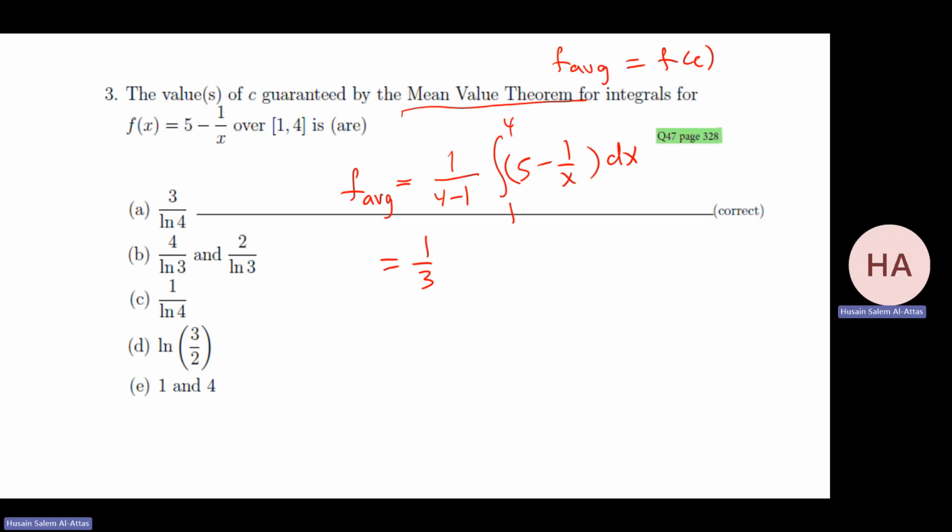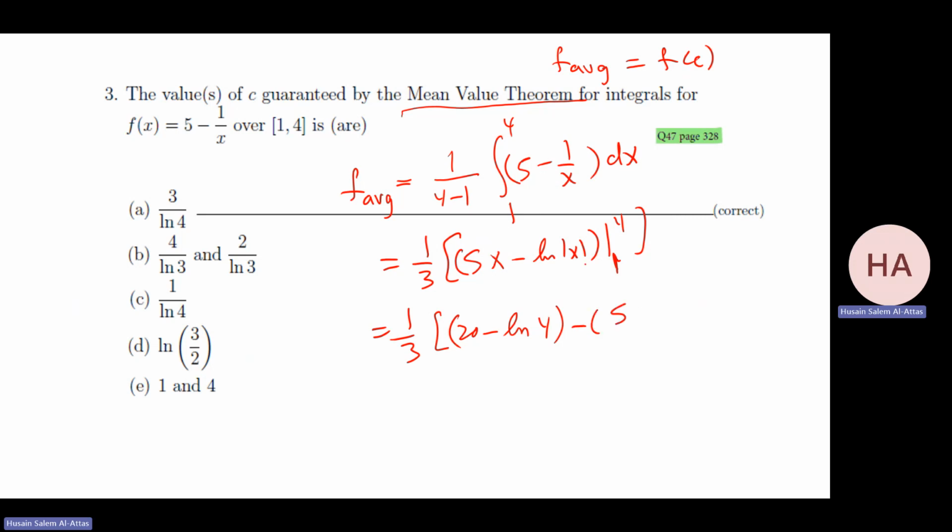Don't forget, that will be 5x minus ln absolute value of x from 1 to 4. Be careful with the calculation. That will be 1 over 3 times what? This is 20 minus ln 4 minus 5 ln 1, which is 0. So that gives me 1 over 3 times 15 minus ln 4. 20 minus 5 is 15. So that will be 5 minus ln 4 over 3.